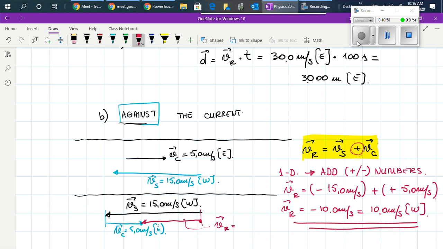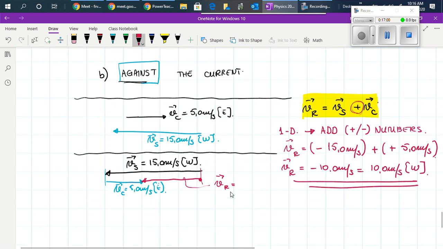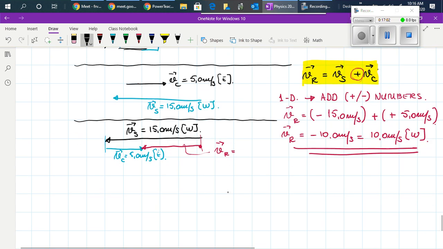Now if I'm asking you, what is the time that the swimmer will swim for, let's say, 500 meters against the current, what you will do is go d over VR, because this is a uniform motion.